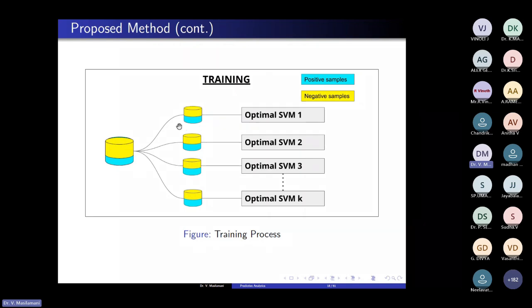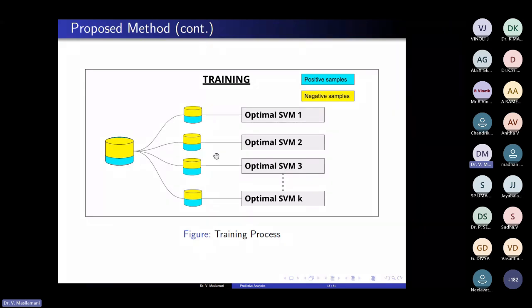You can see here, right? Let's say this blue is only 10, and this yellow is 100. Take the top 10 in the yellow, and these 10 will be put here, and the next 10 here, and so on. So like that you can generate 10 data sets, right? And all the 10 data sets are balanced now, right?